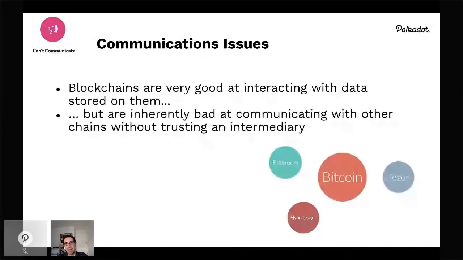We see many attempts at this, but there often are problems, and even in a best case scenario, it's very slow. They're really meant to fully trust any other data inside their network, but are very bad at interacting with other networks without trusting some intermediary. Like, trusting someone who's going to take your message from Tezos and send it to Bitcoin and bring it back. You'd better really trust that messenger.